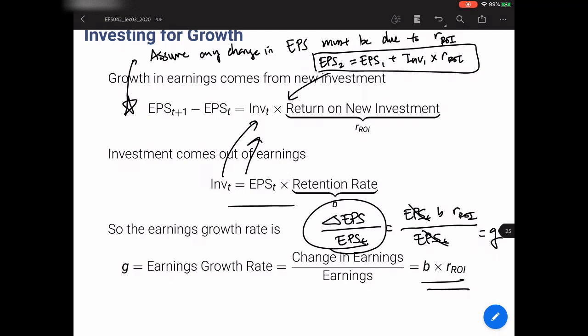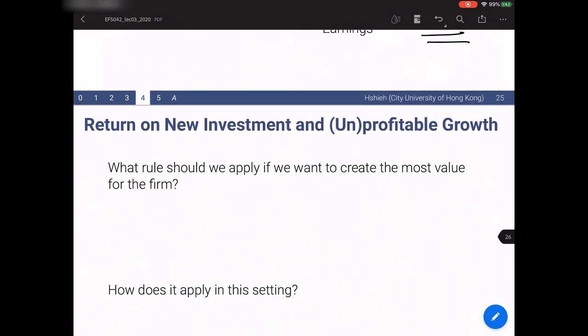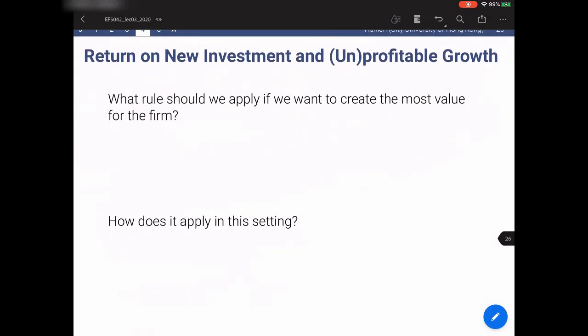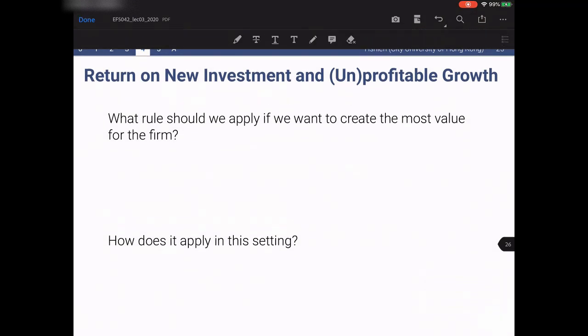In other words, how does this relate to the NPV rule in making decisions whether or not to pursue some sort of investment that corresponds to a different ROI or higher ROI? So let's talk a little bit about that. The question I should be asking you is, how is this related to the NPV rule?